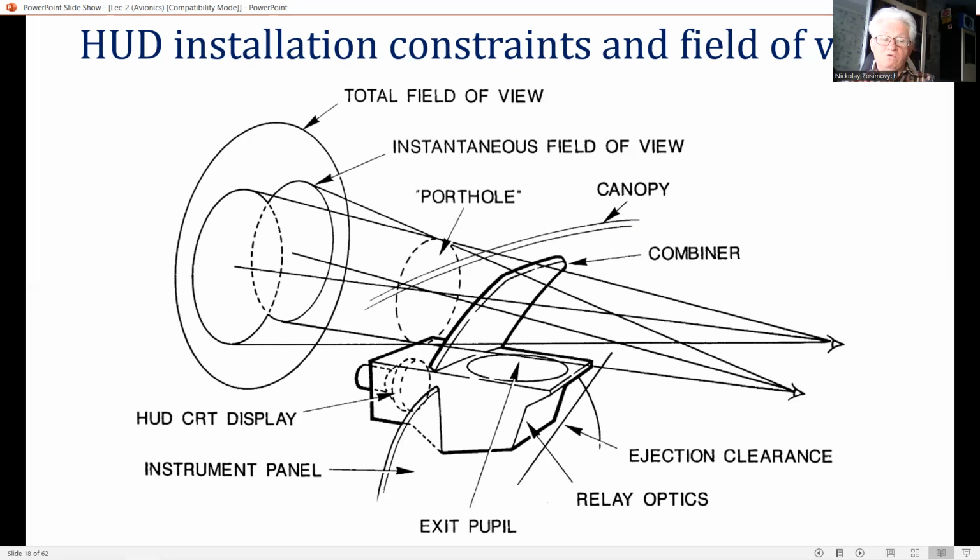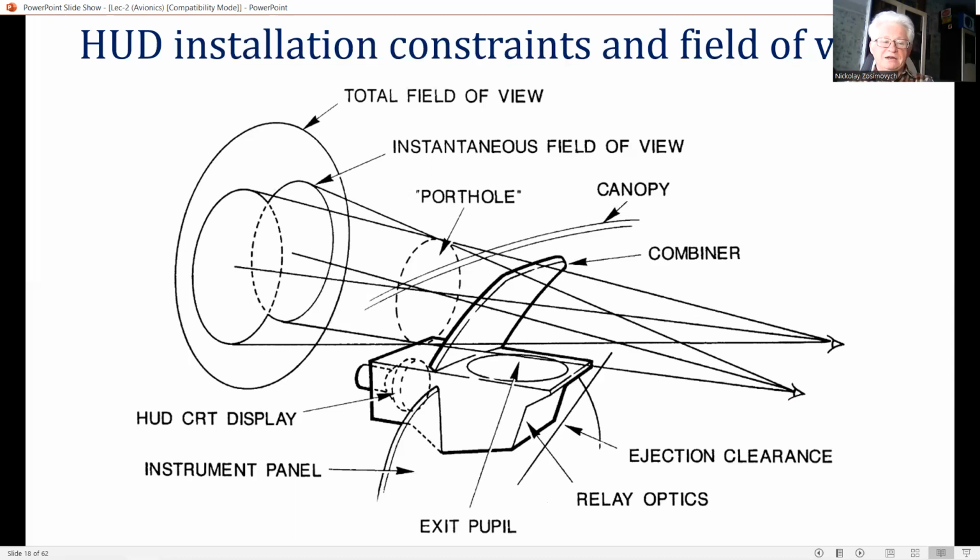The main body of the HUD, containing the optics and electronics, must be sunk down behind the instrument panel in order to give an unrestricted view down over the nose of the aircraft during the high altitude maneuver, as you can refer to in this slide.